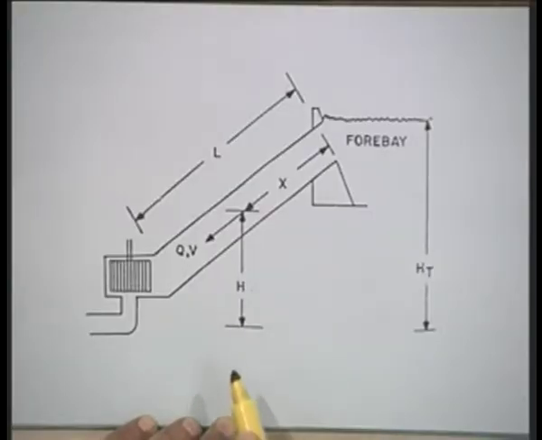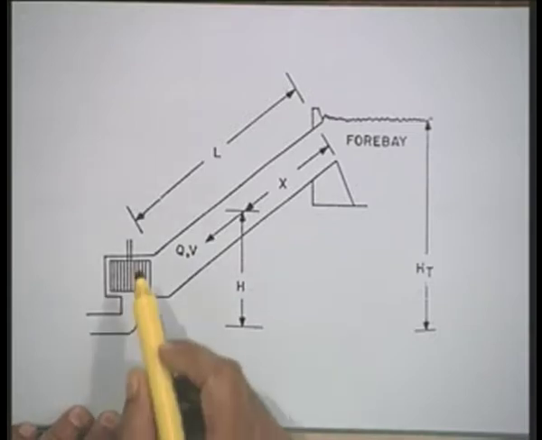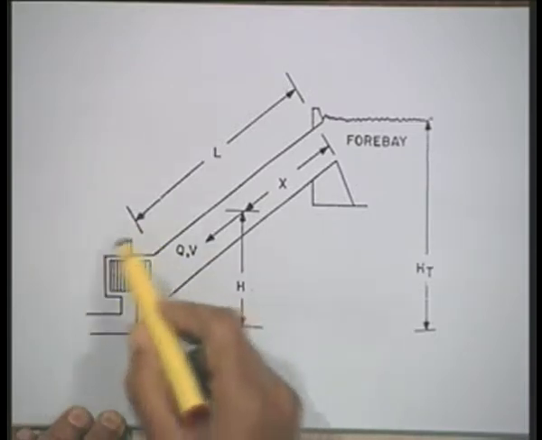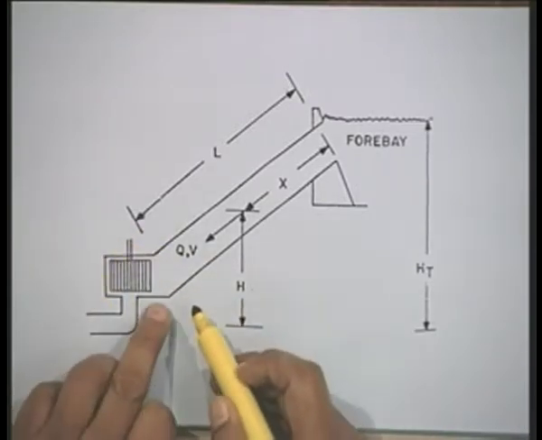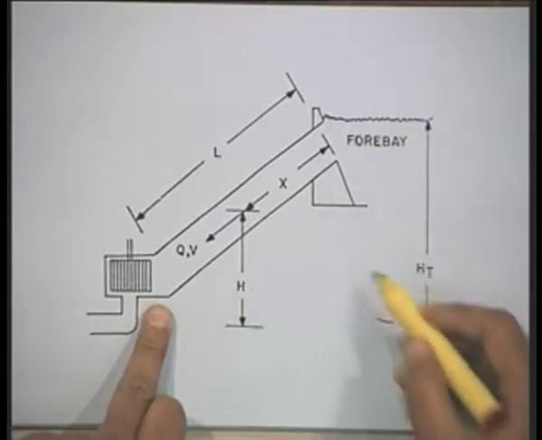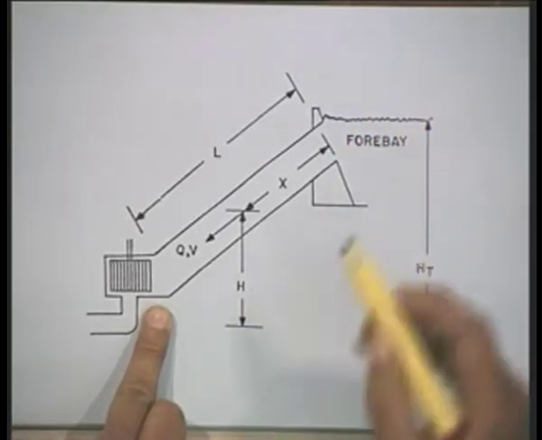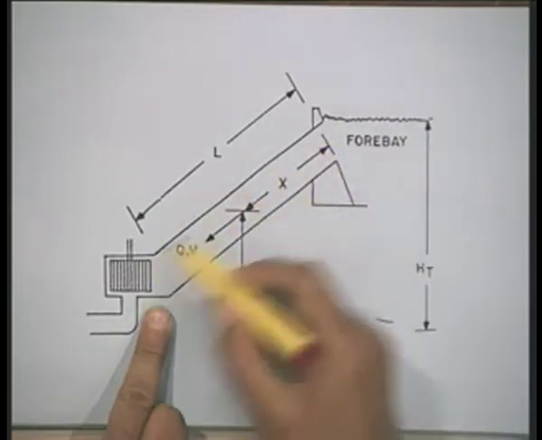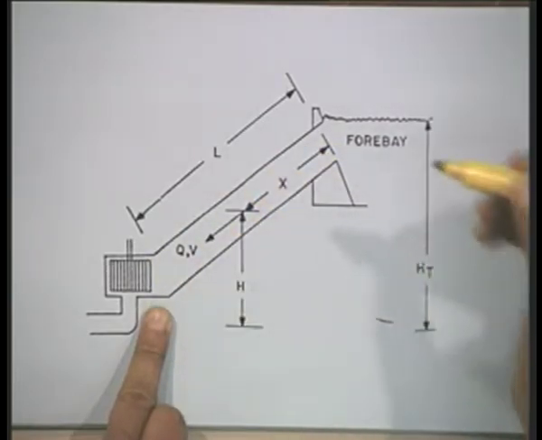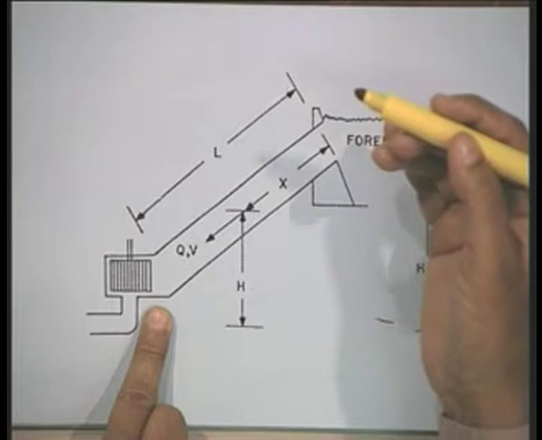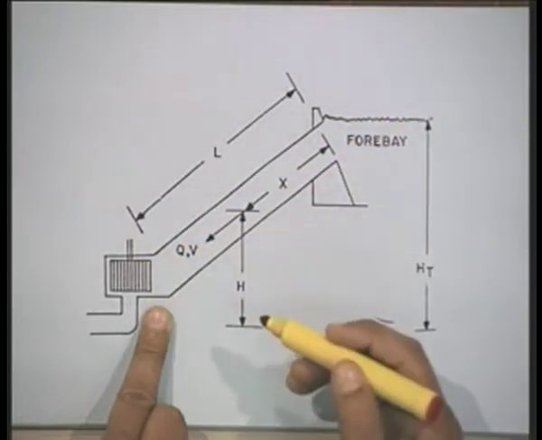The physical arrangement for a hydro power plant is shown in this diagram. This is the hydro turbine. This is the water storage tank, we will call it forebay, and this is the penstock through which the water flows from the storage tank to the hydro turbine.